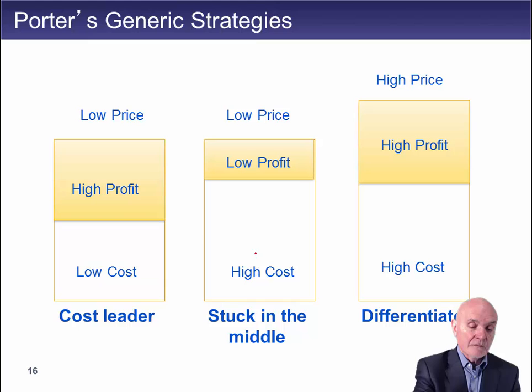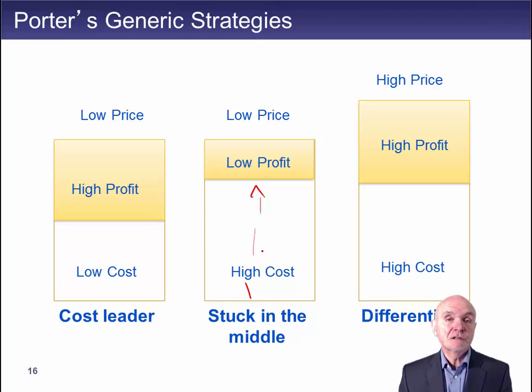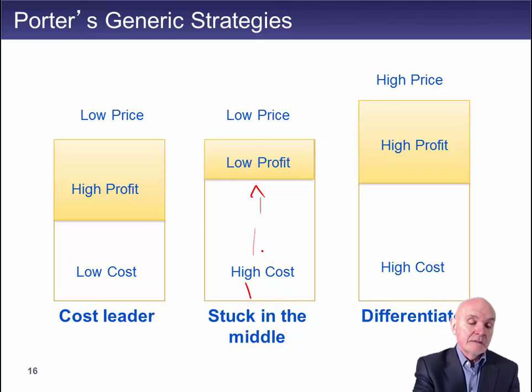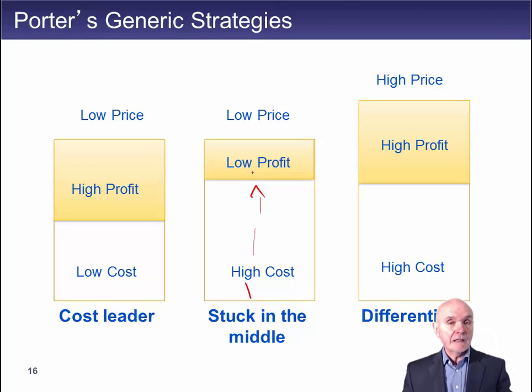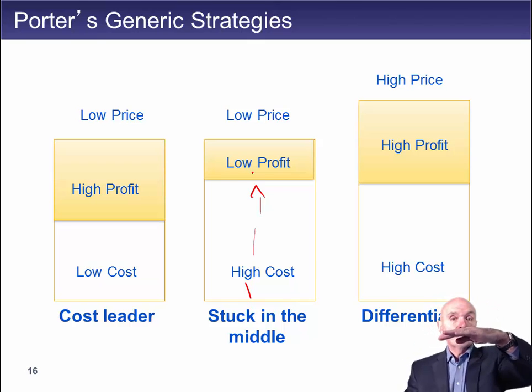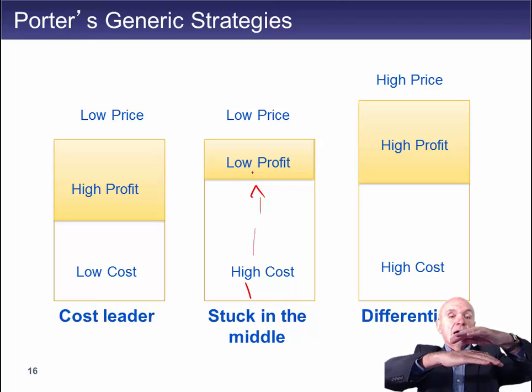And also the costs are pretty high here because this is not a fantastically efficient manufacturer, and they make a very low profit. They are stuck in the middle. They are stuck between a low price and high costs, and they're condemned really to making relatively little, miserable profits.